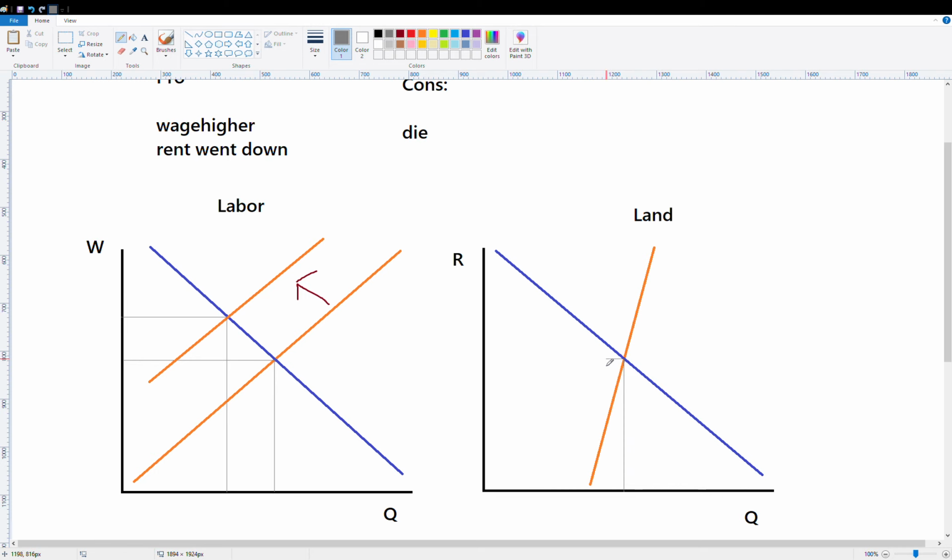Since the demand for land went down because a couple of people died, the demand curve shifted left, and this is the new equilibrium. Back in the day, you couldn't make artificial land, so this would be perfectly straight. The rent definitely went down for the people who survived, because there are fewer people who want land.